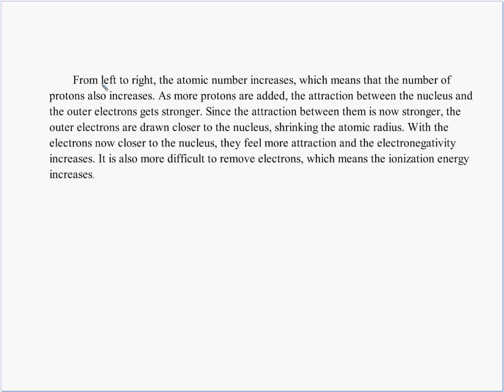So it sounds like this actually is going to explain what we just said. So from left to right, the atomic number increases. So more protons, which means the number of protons also increases. Oh, I just said that. As more protons are added, the attraction, right, the electromagnetic force between the nucleus and the outer electrons gets stronger.